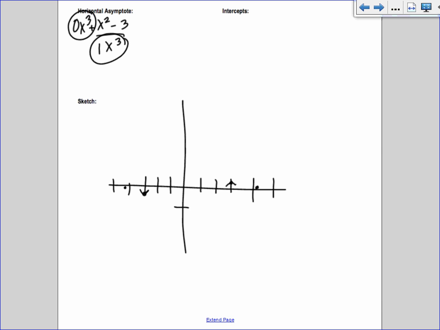You look for your largest degree. Your largest degree is x cubed. You don't have an x cubed on the top, so you put in 0x cubed. So you have 0x cubed over 1x cubed, which is 0 over 1, which is 0. So you have y equals 0 as the horizontal asymptote. So you're going to have a little dotted line here.